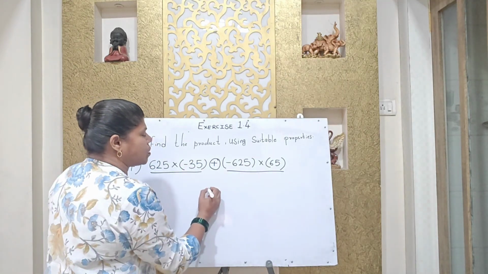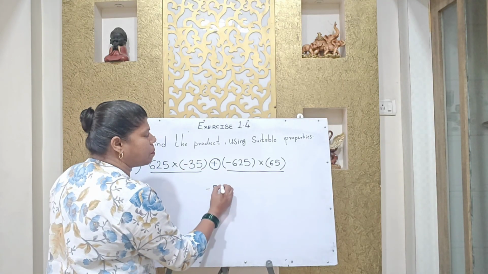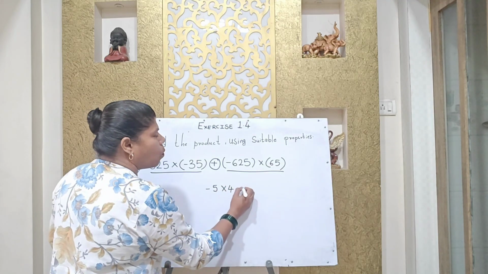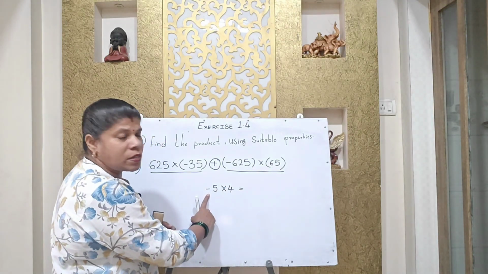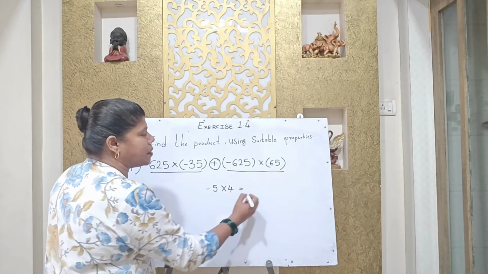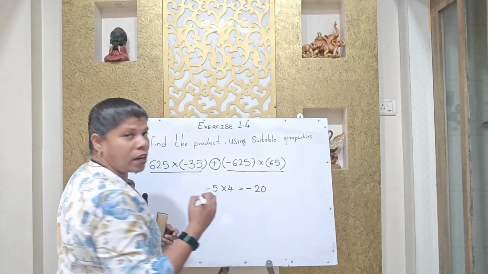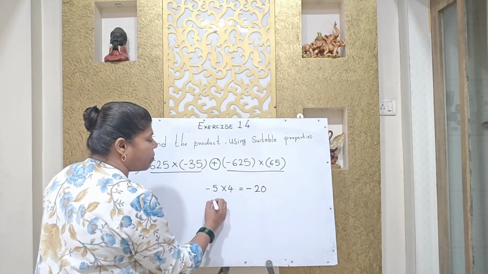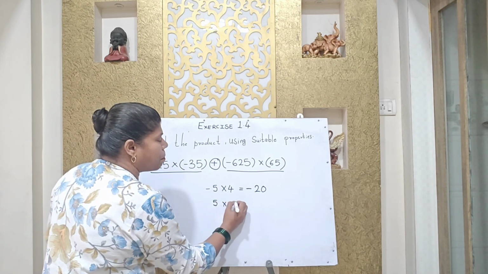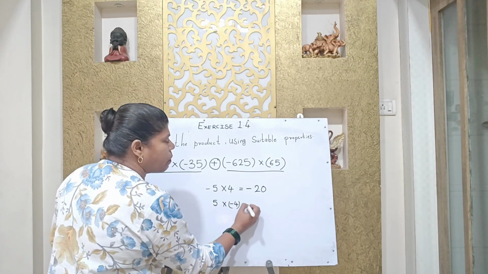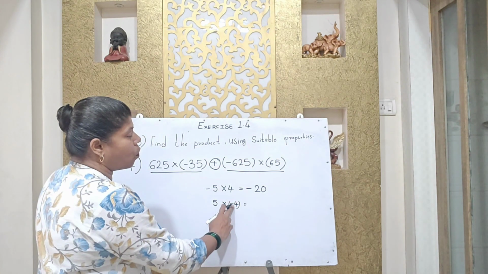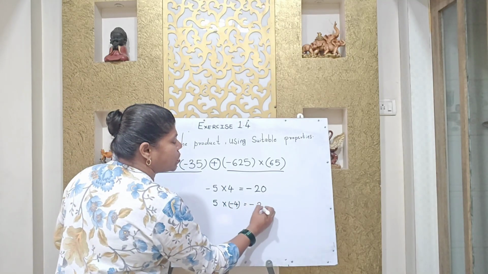One thing we know: when minus 5 is multiplied by 4, what will be the answer? Minus 5 multiplied by 4 is minus, 4 fives are 20. And if I write 5 multiplied by minus 4, what will be the answer again? 4 fives are 20, minus 20.